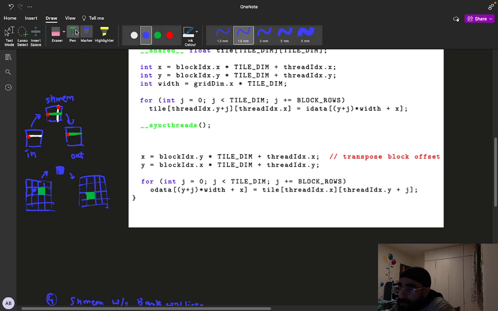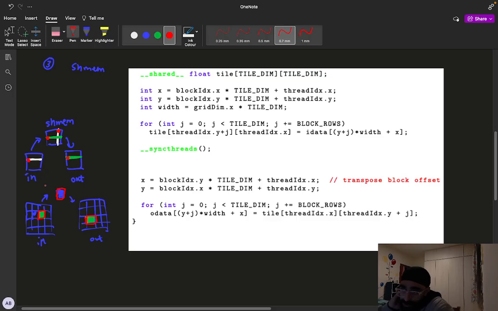This is the input matrix, this is the output matrix. So we do this block wise. This block has its shared memory and stores here, and similarly, each block has access to its own shared memory and does similar things.